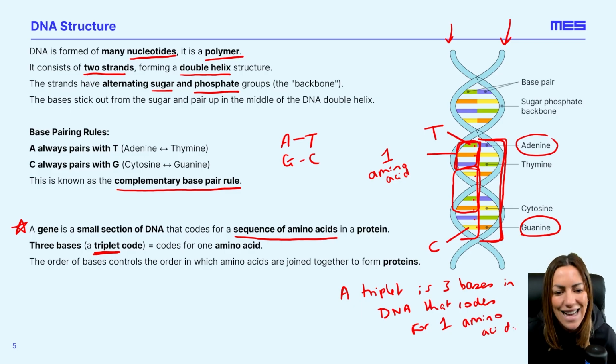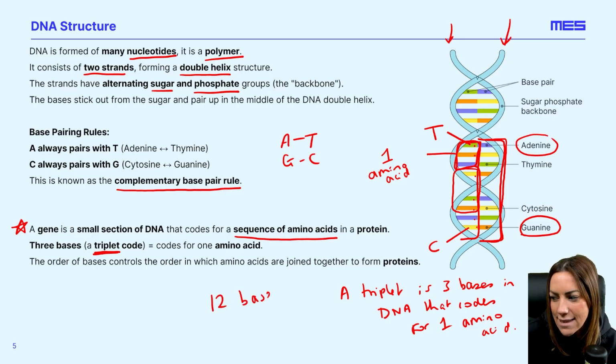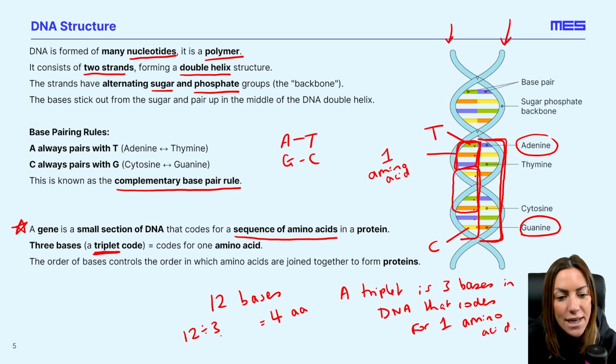It works in sets of 3. So for example, if you had 12 bases in your DNA, you might be asked how many amino acids that codes for. Obviously, it would code for 4 amino acids because 12 divided by 3 equals 4. There are 4 sets of 3. There are 4 triplets. So it would code for 4 amino acids.